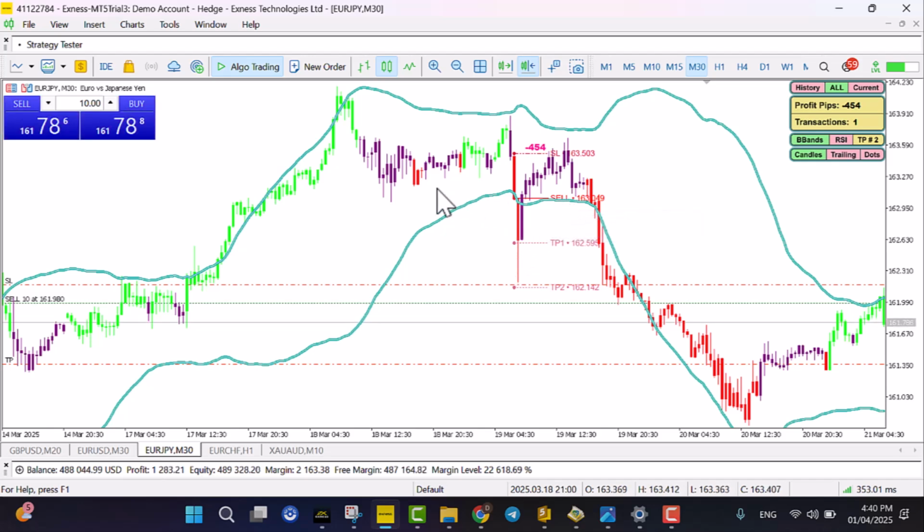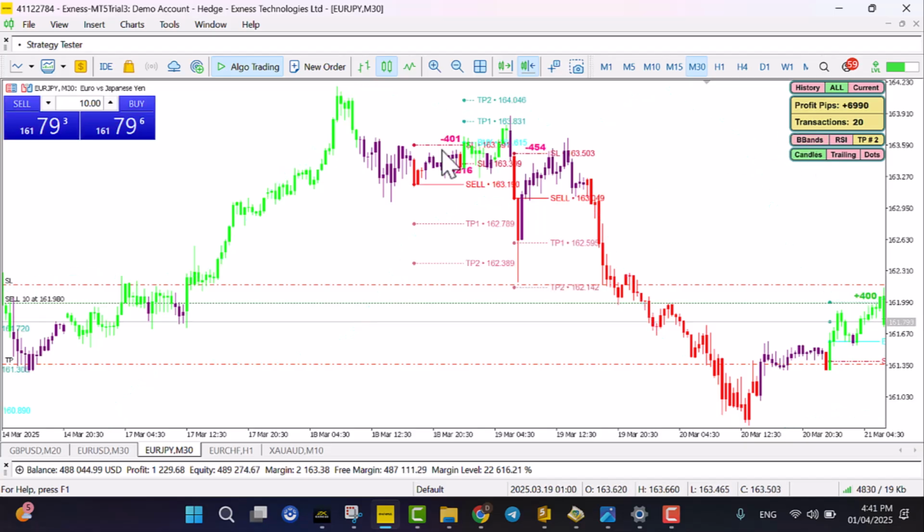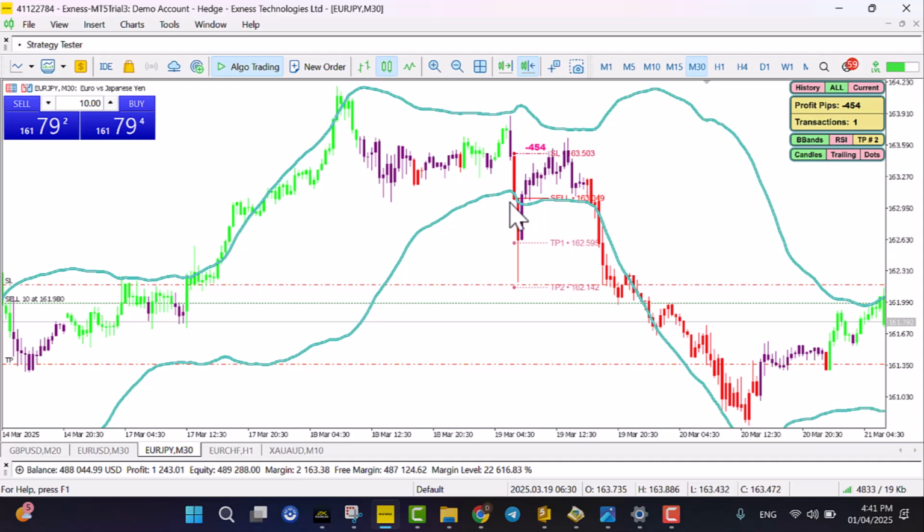So in other words, this is a good strategy to remove the trades that I was talking about inside of the range here, and always show you the good trades when the price breaks below that range or above that range and starts moving down.